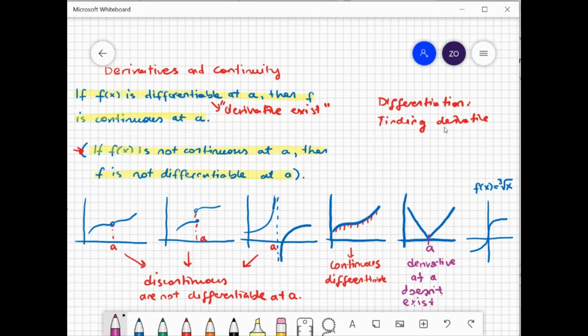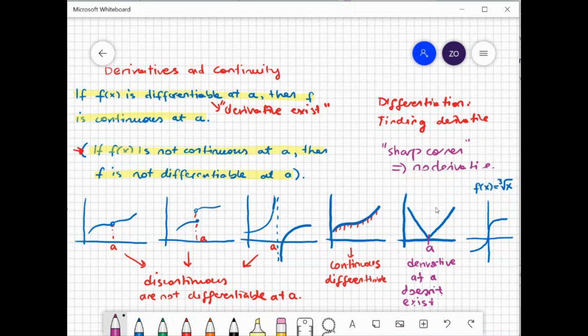Whenever you have a sharp corner, like the graph of the absolute value function, we won't be able to have a derivative.